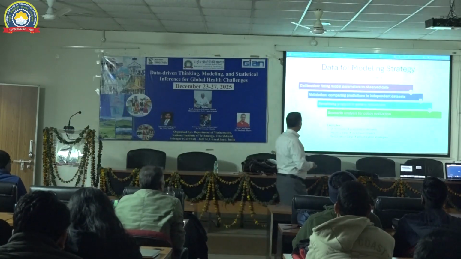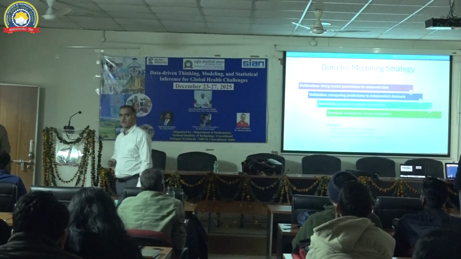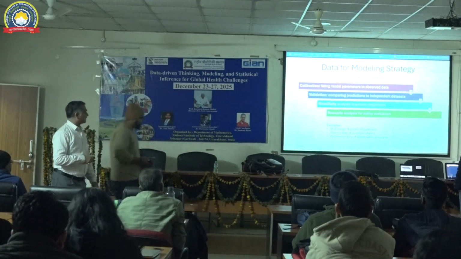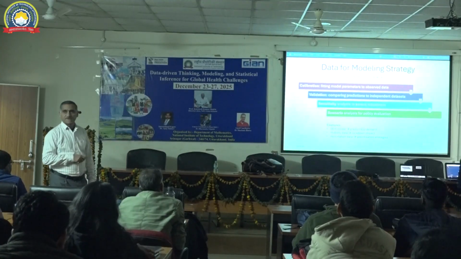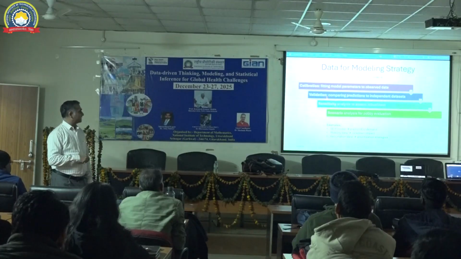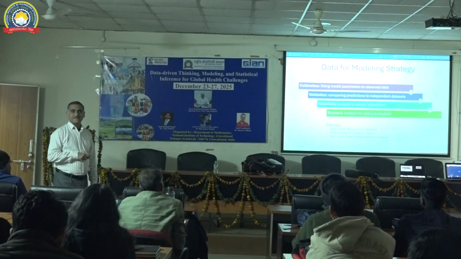So what are we using data for in the model? We are using data for calibration or fitting the model to get the inputs of the model. We are using data for validation. We are using data for doing sensitivity analysis.